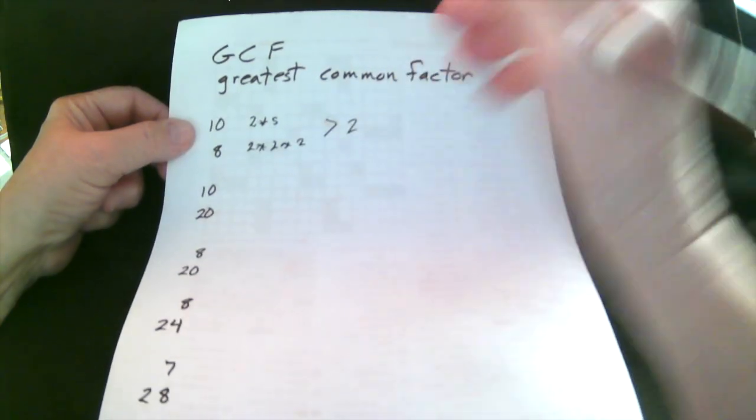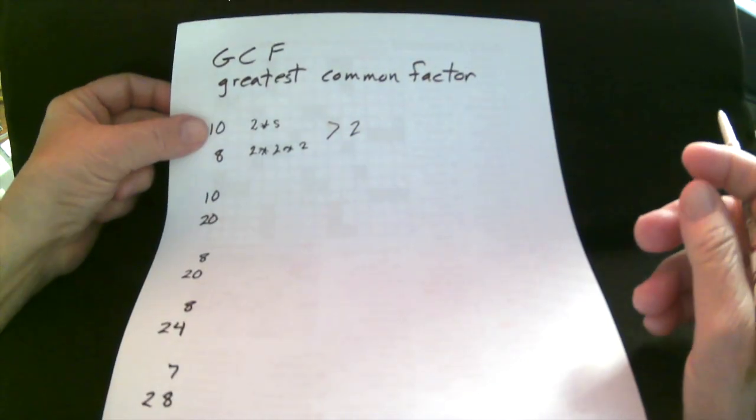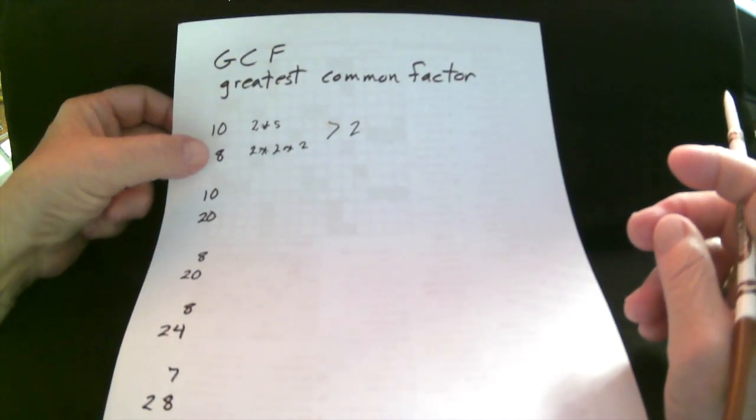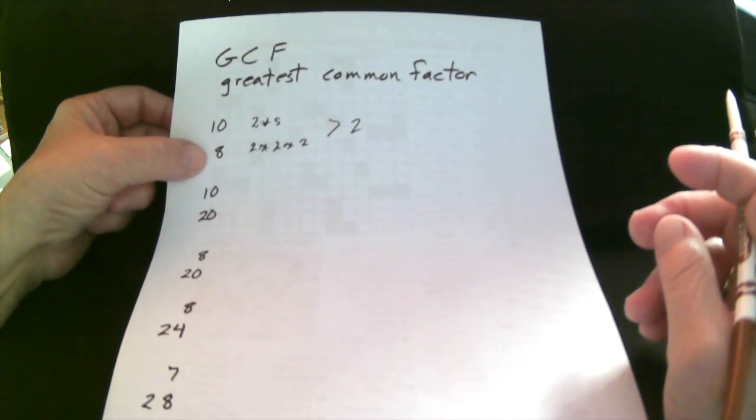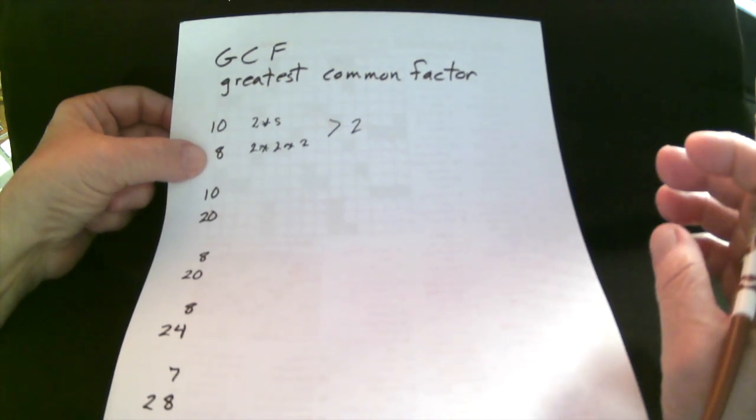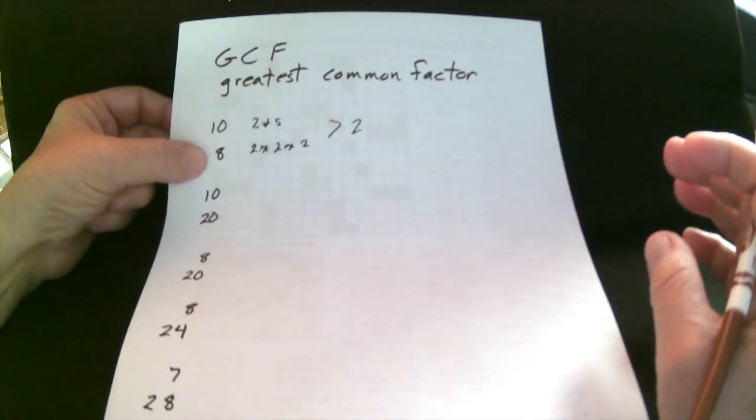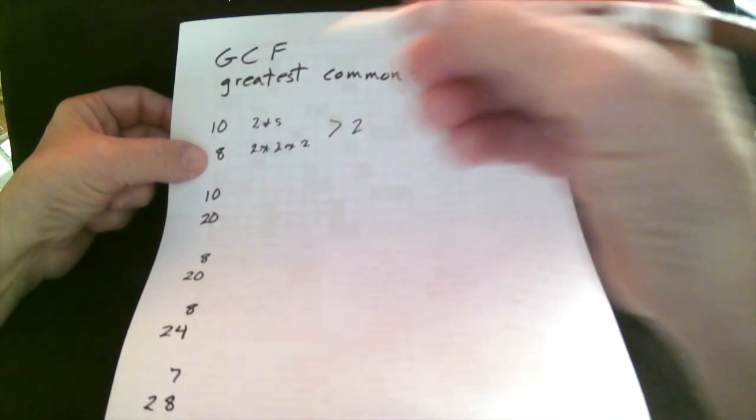And that's the biggest common factor because 10 does not have 2 times 2, and 8 doesn't have 5 in it. So the largest factor that matches between the two is just 2.